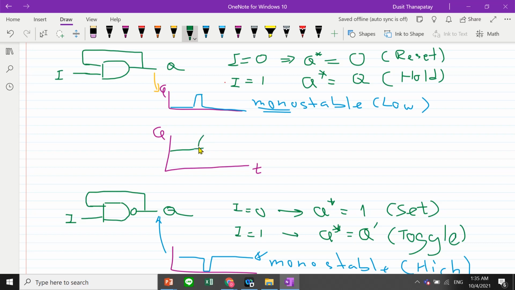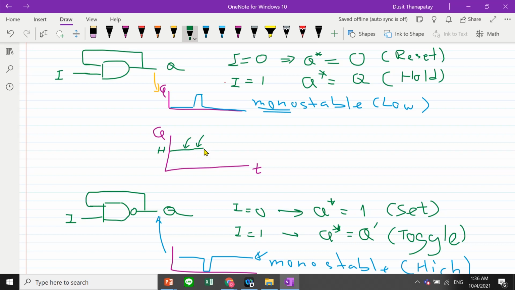That means at this point of time, the value of Q is the same as the previous value of Q. Okay, it's the same. That means if the previous is high, it can be stable at high level.